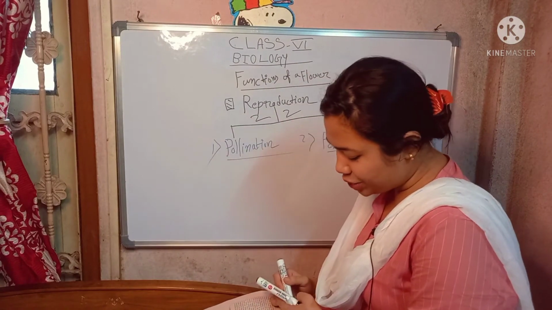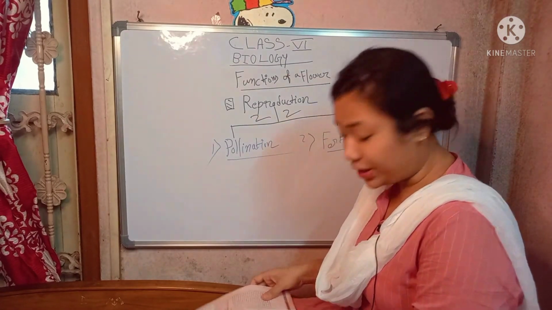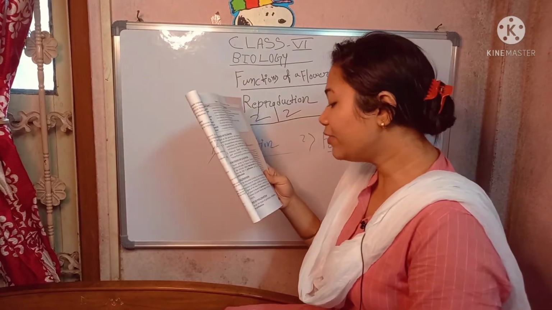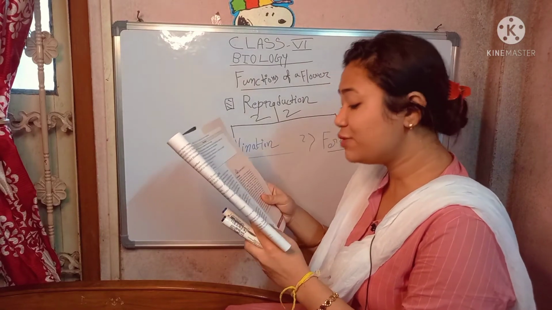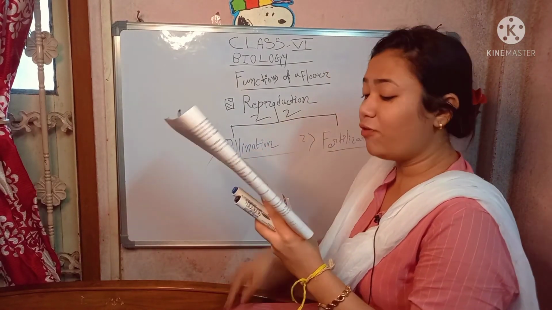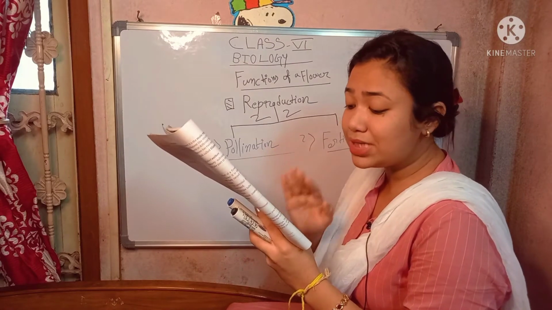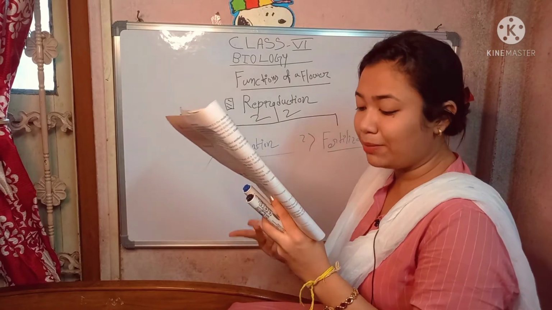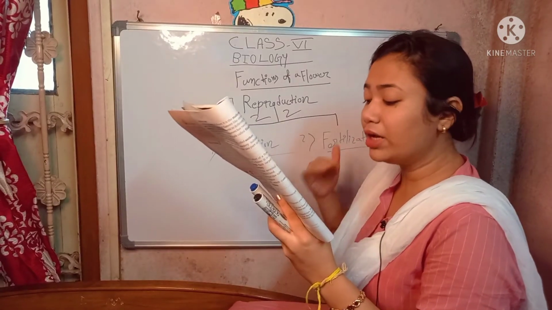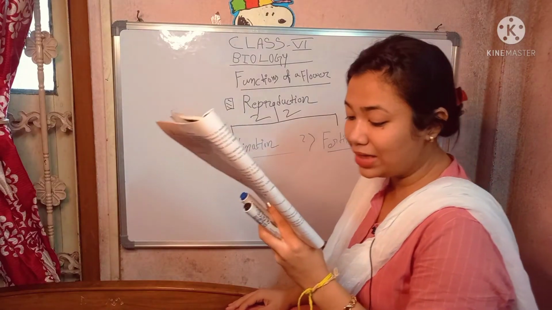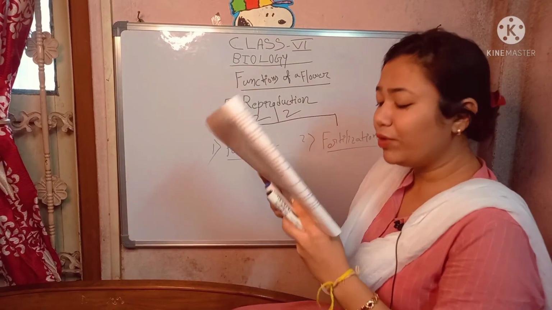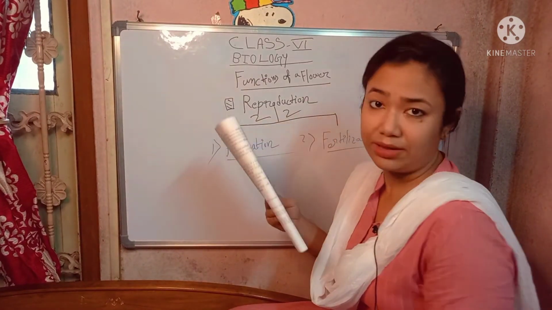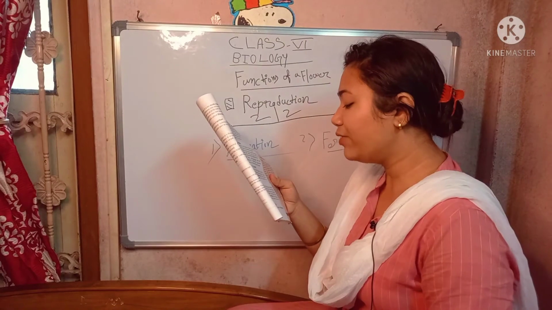Now we will be discussing the point pollination. For the formation of seeds, the pollen grains produced in the anther must be transferred to the stigma of a pistil. The process of transfer of pollen grains from the anther to the stigma of the same flower or another flower of the same type of plant is known as pollination.